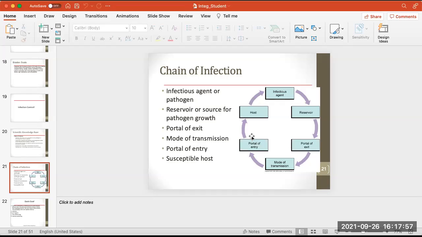Okay, but here we are dealing with people who are sick, who have compromised immune system, whether it is because of the disease process that they are going through, or combination of factors.